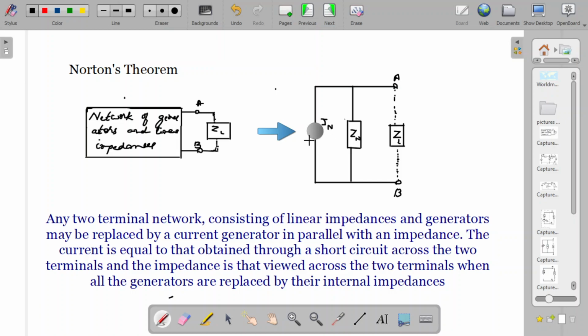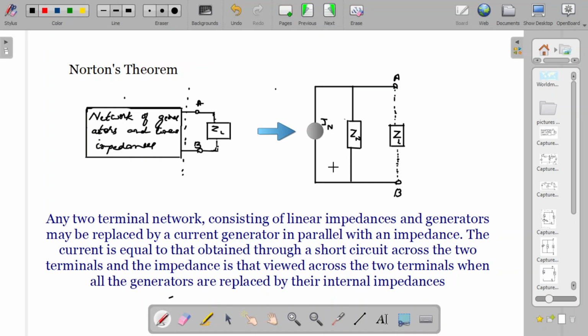The current that the generator produces is IN. Then there is a parallel impedance to the current generator. So the whole network to the left of this line, that is this complex part, can be made equal to a current source in parallel with an impedance. In the case of Thevenin's, instead of IN you had a voltage source, and the impedance was in series with it, not in parallel.